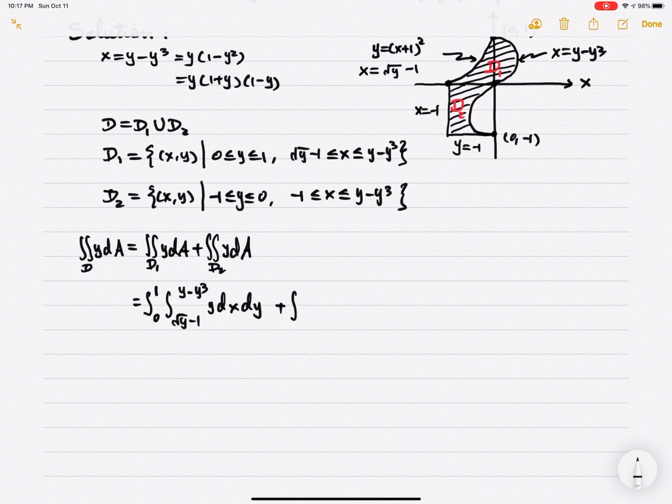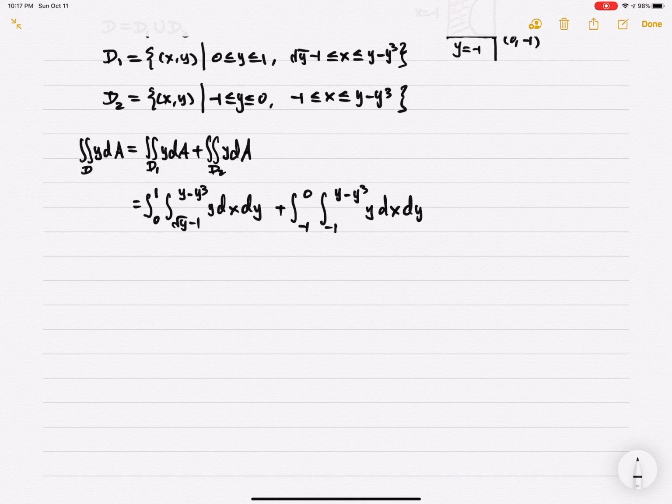And then the second one changes from -1 to 0, and x from -1 to y minus y to the third, of y, remember again, dx, then dy. Because x changed from -1 to y minus y to the third, that's why dx first. Y changed from -1 to 0.